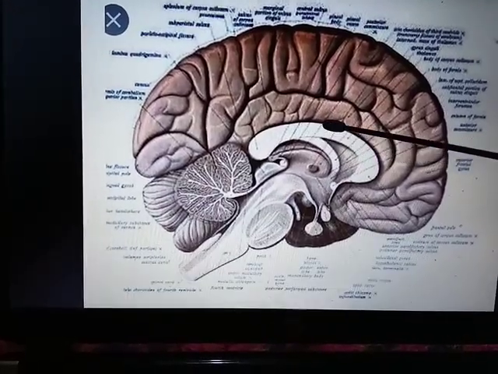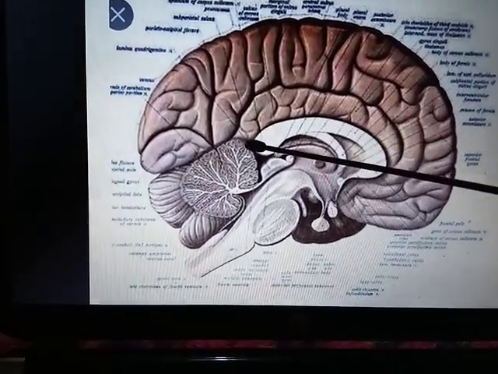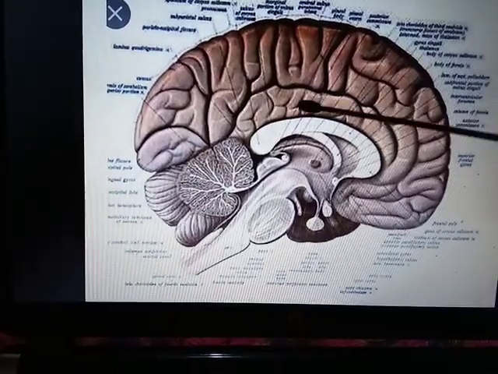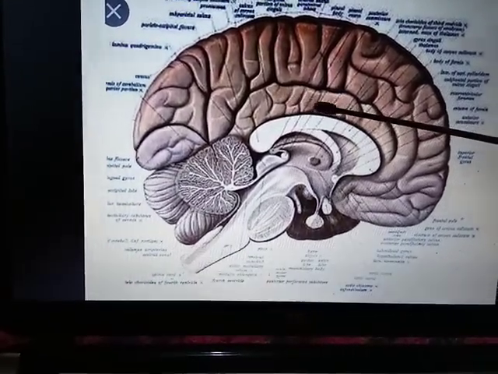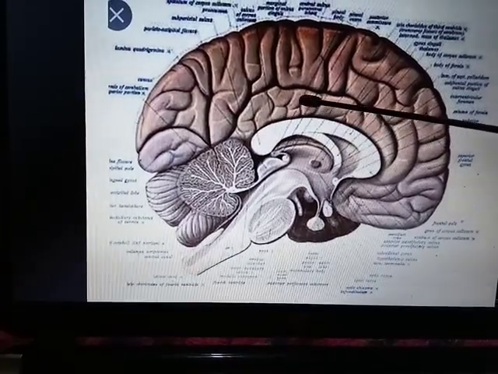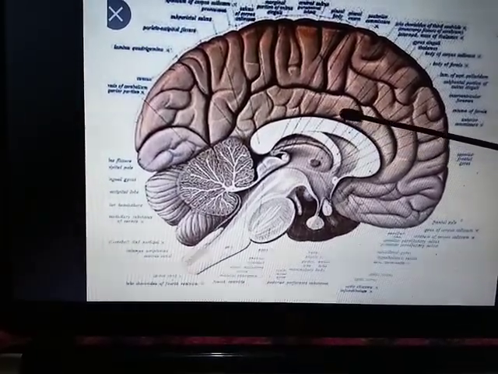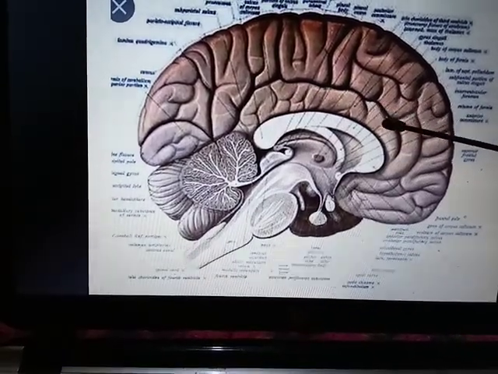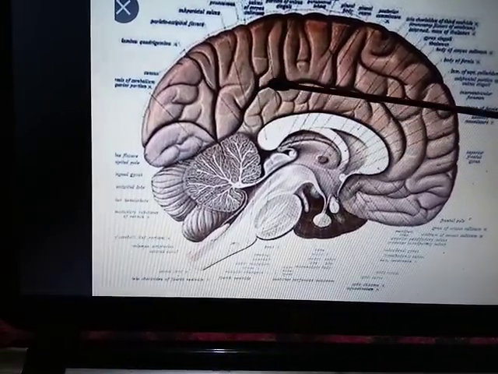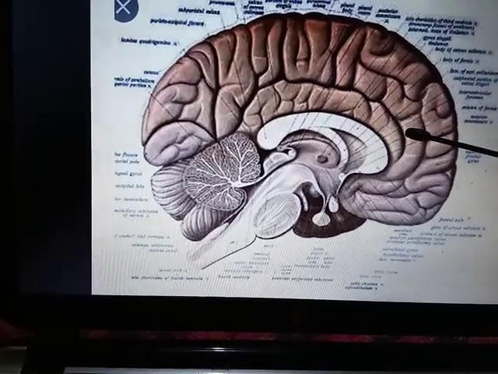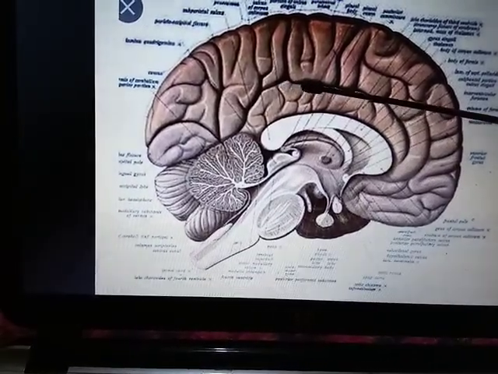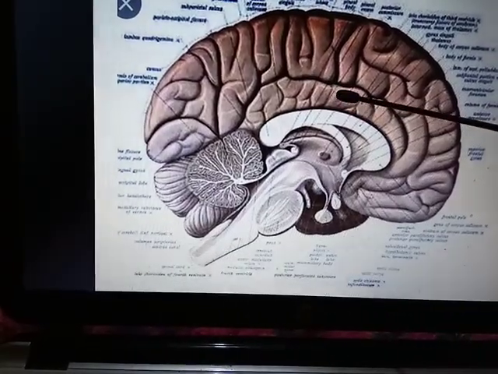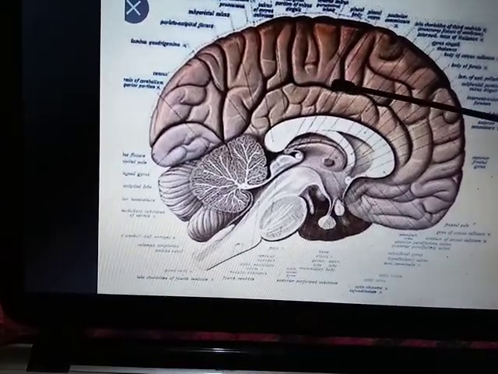This is the cingulate gyrus. I am just marking the area for you. And the sulcus above it is the cingulate sulcus.